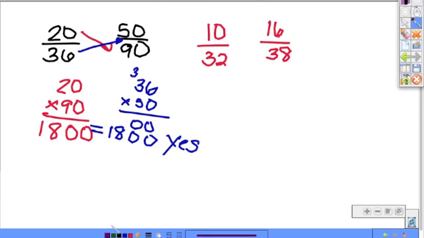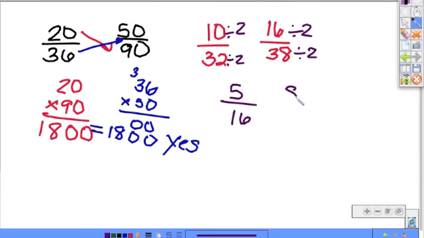Let's try that just to show you a different method. Now I know 2 can go into both of these numbers, so I'm going to divide both by 2. 2 goes into 10 5 times, and 2 goes into 32 16 times. Okay, now over here, I have both of these also by 2. So I'm going to go ahead and divide both by 2, and I'm going to get 8 over 19.